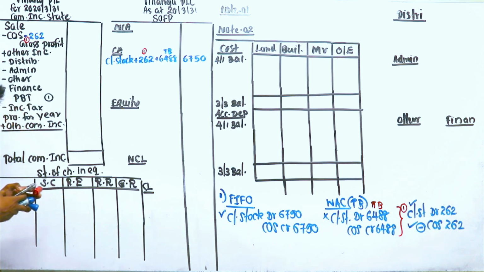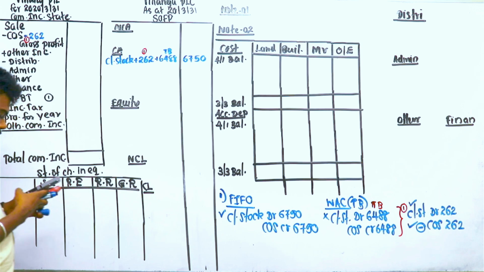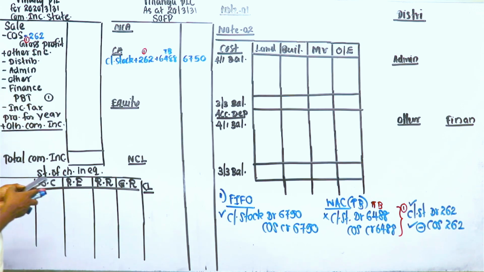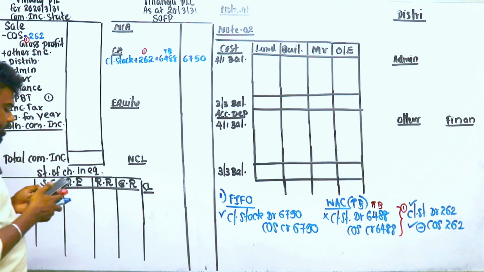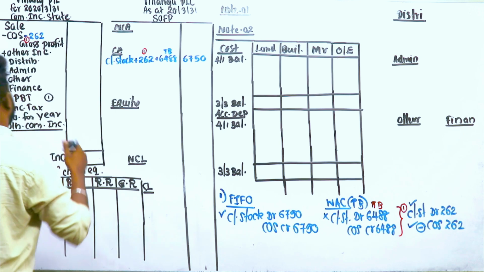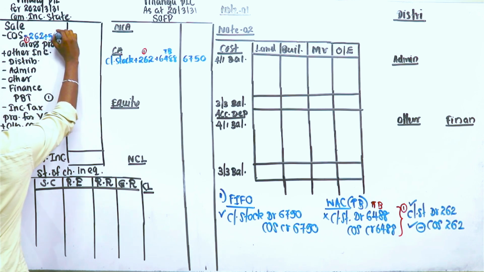Okay, and also check the TB balance. Cost of sales was how much? 51,300.